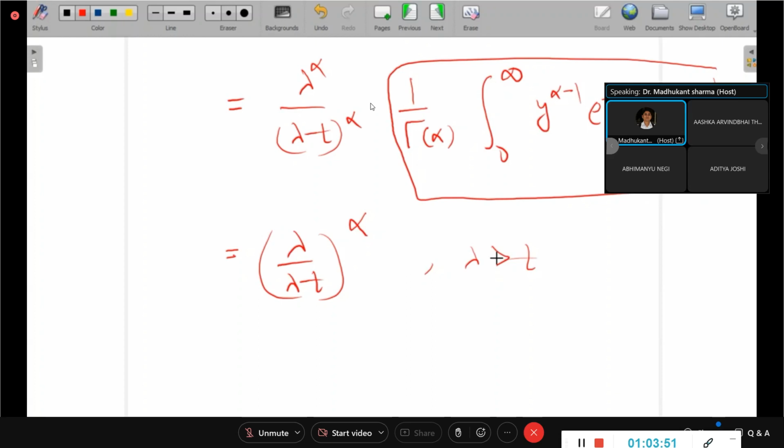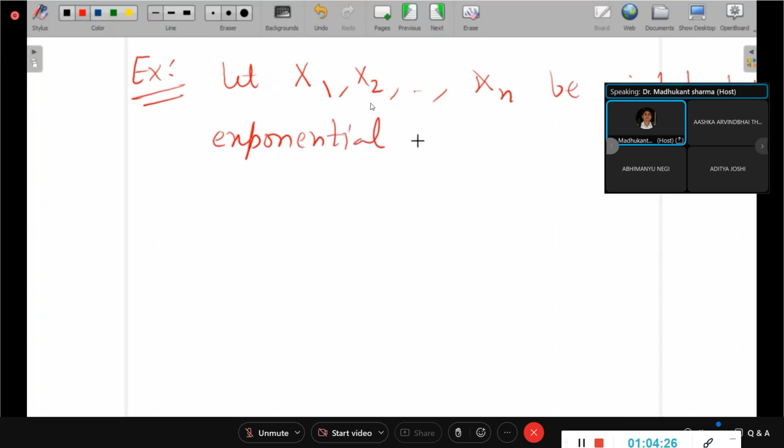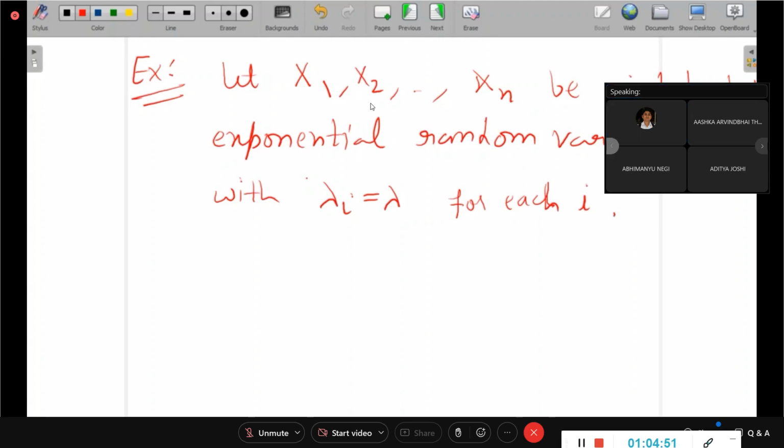Okay, now let's take an exercise. Let x1, x2, and so on xn be independent exponential random variables with lambda_i equal to lambda for each i, i equals 1 to n.